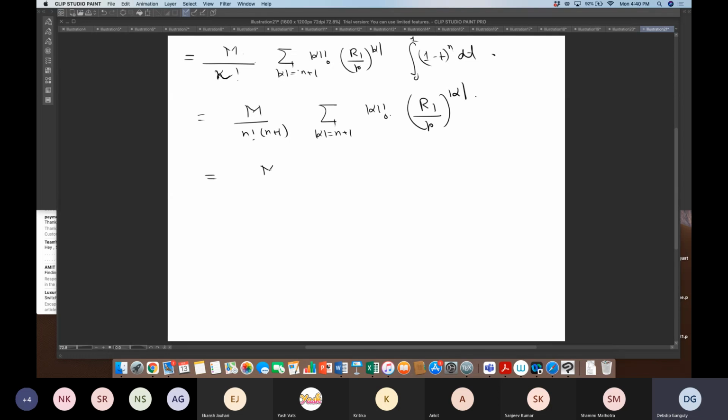So this is nothing but M by n plus 1 factorial, summation over mod alpha equal to n plus 1, mod alpha factorial, r1 by r to the power mod alpha. So what happened?